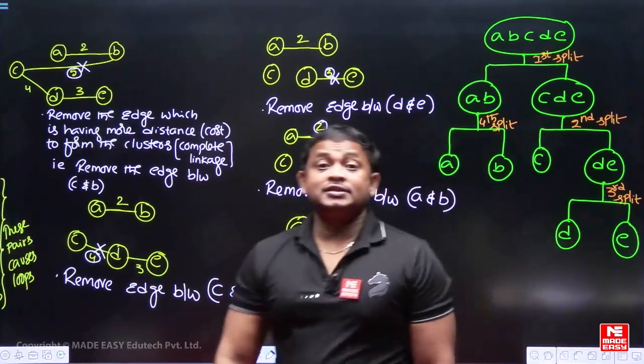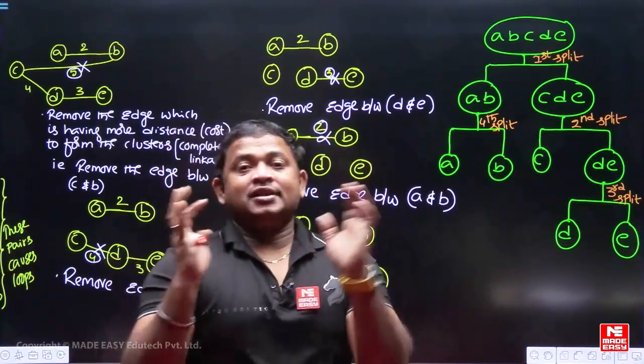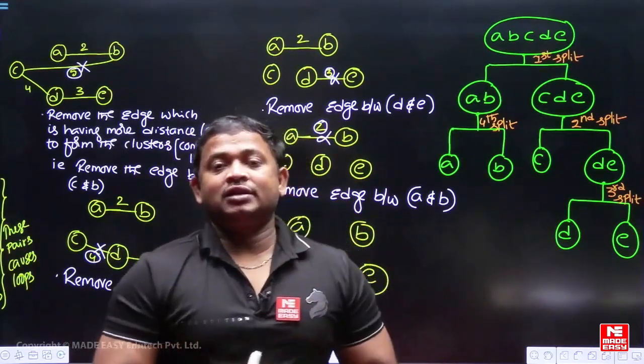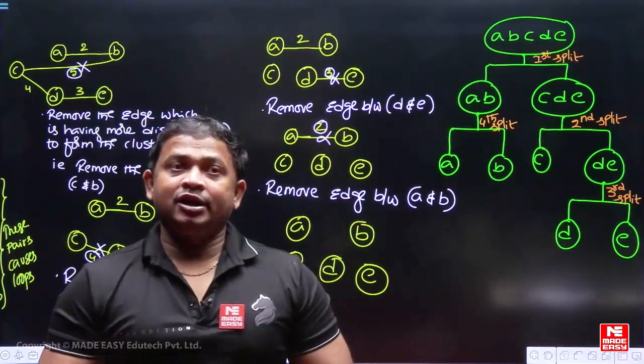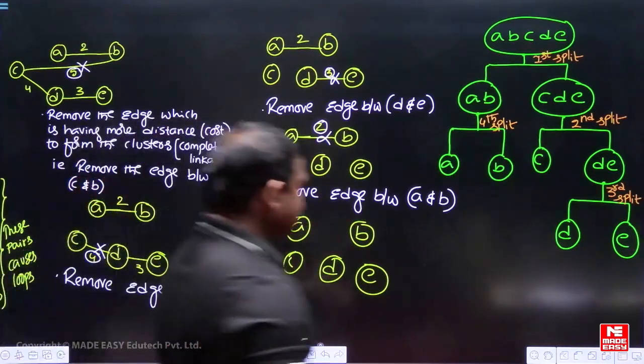Like this we are dividing the total major cluster into subclusters until we get the independent data point clusters. This is the top to bottom approach.